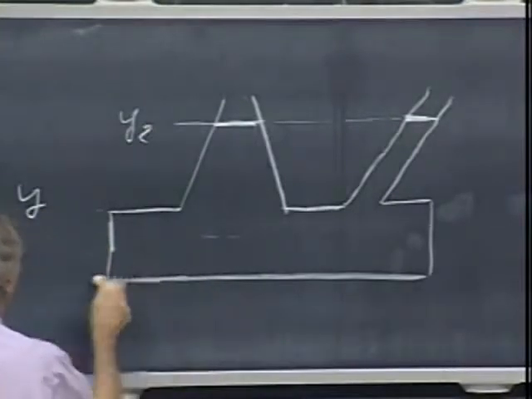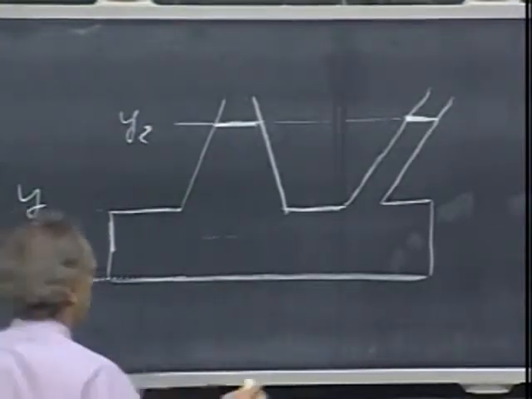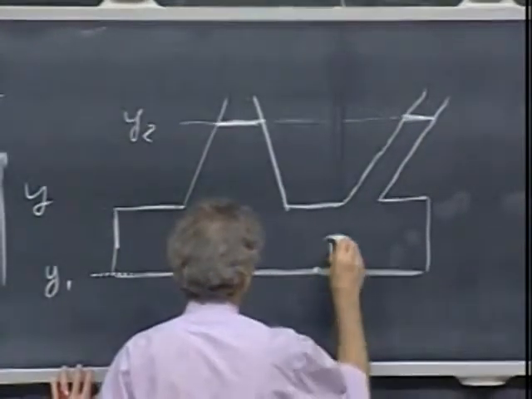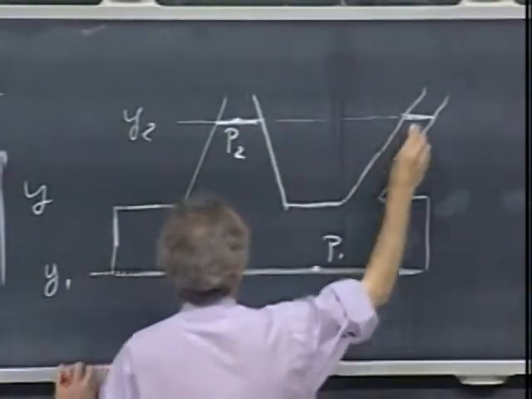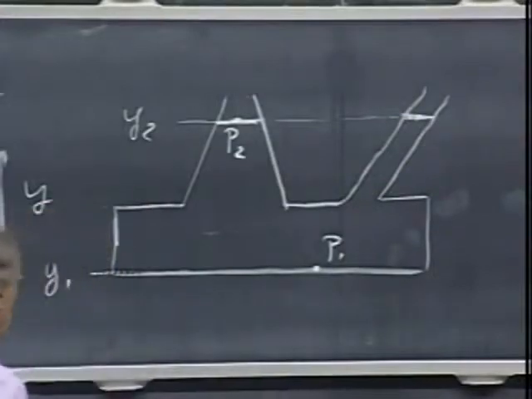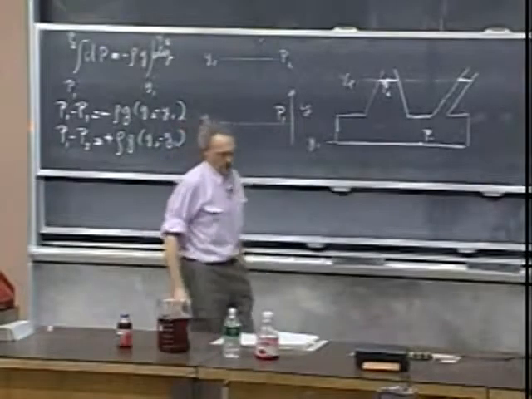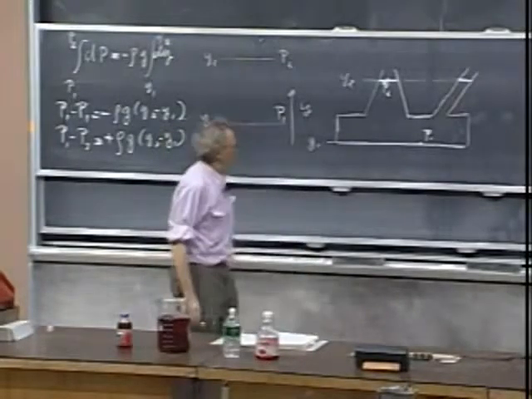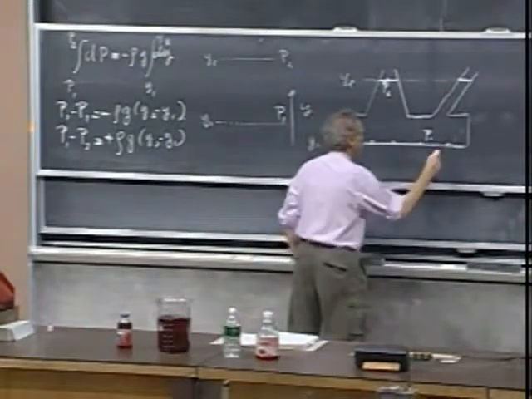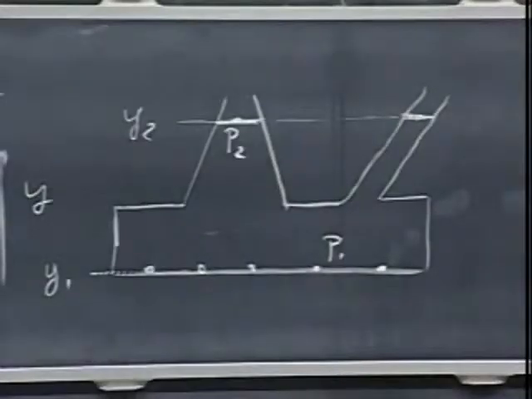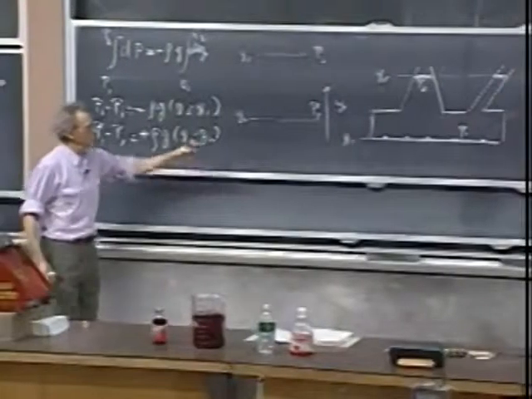And let's take the bottom of this vessel and call this y1. And so inside here we have pressure p1, and right there we have pressure p2. Well, what Pascal is saying now is that the pressure here is everywhere the same, because y2 minus y1 is the same for all these points here.